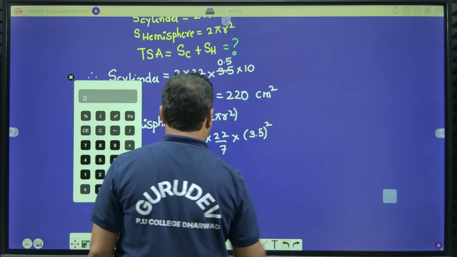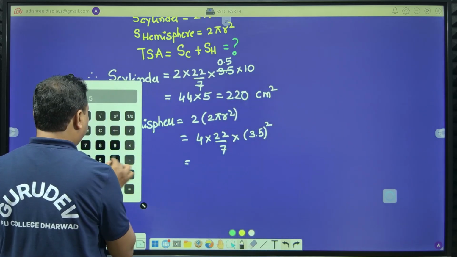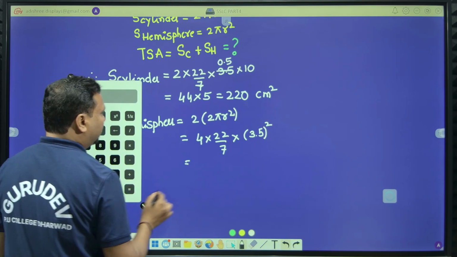So, let me consider 3.5 into 3.5, which equals 12.25.